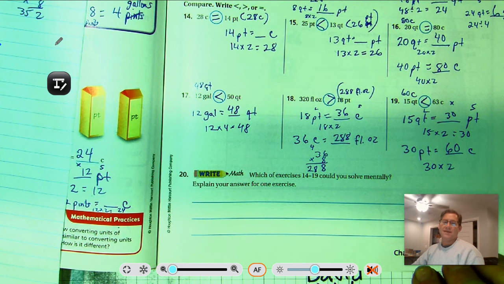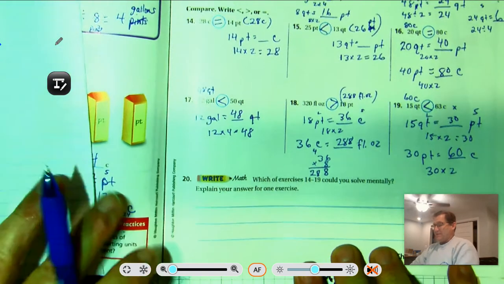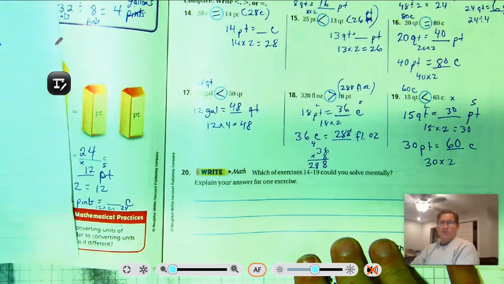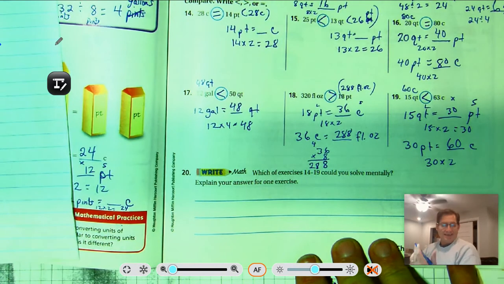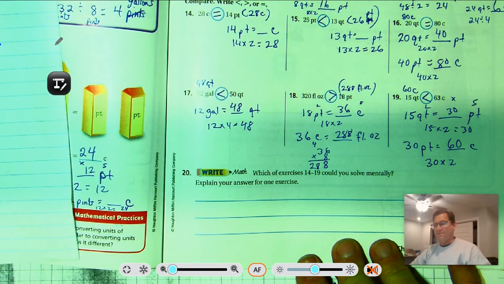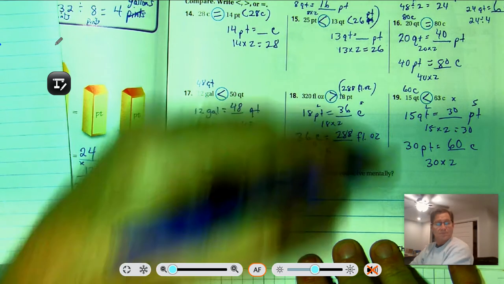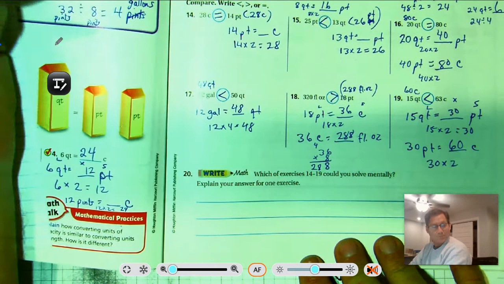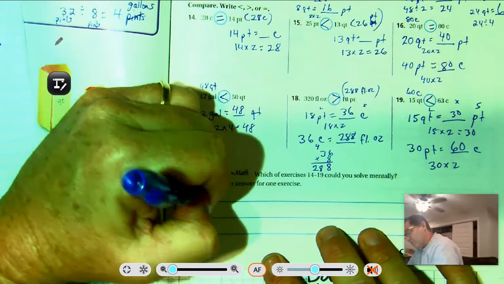20. Which of the exercises could you solve mentally? Well, basically, it's one of the ones that was just straight across. For instance, number 14, 15. Let's go with 15.